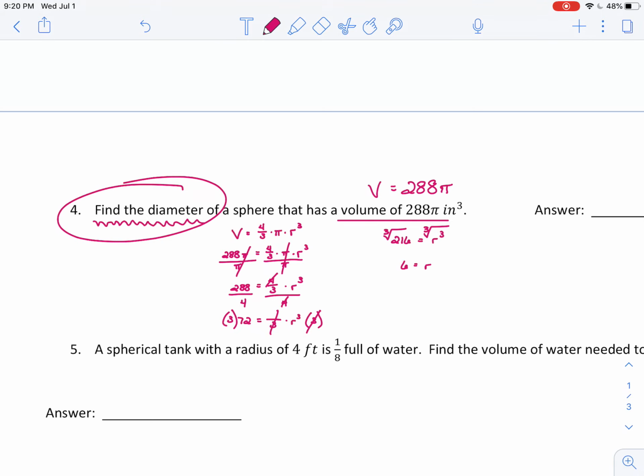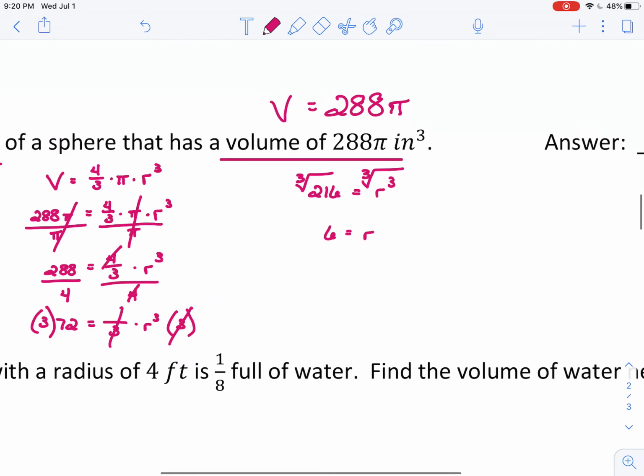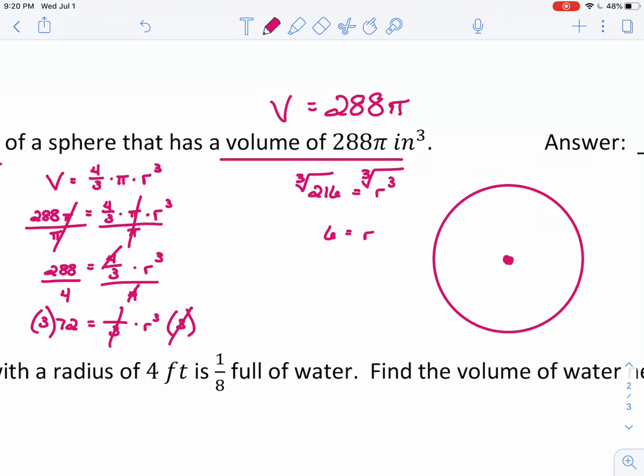Which is all well and good, but I don't want the radius. So the question is, do I cut this in half or do I double it? So picture what we're working with. We're supposed to have this sphere, so let's picture the sphere.